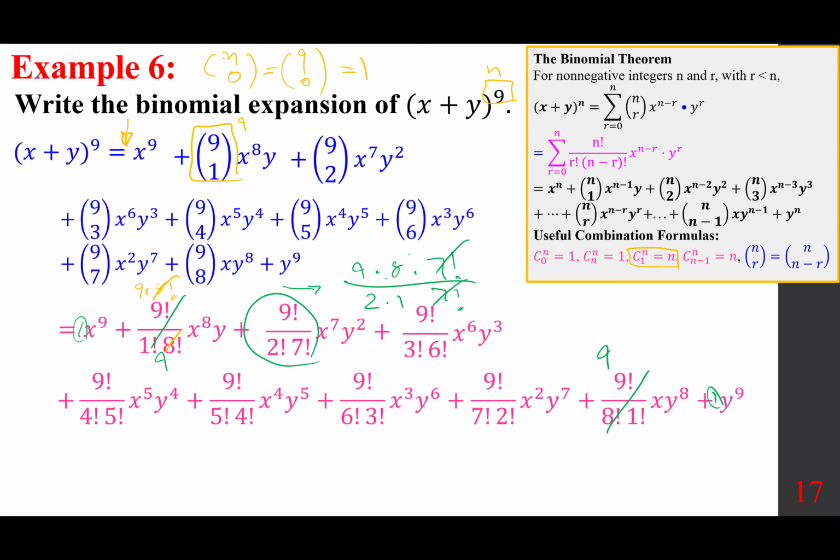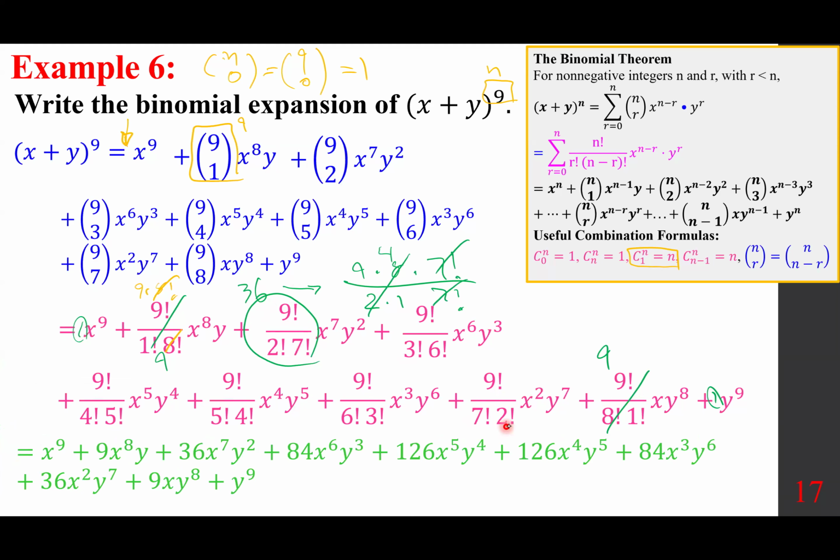These cancel each other. This is 4 times 9, which is 36. Now, what I want you to see, class, is that 9 choose 2 is the same as 9 choose 7. So this also is 36. That cuts your work in half, and these are the answers.